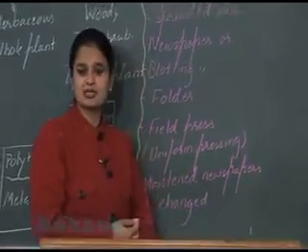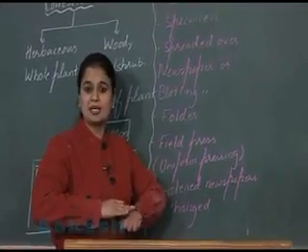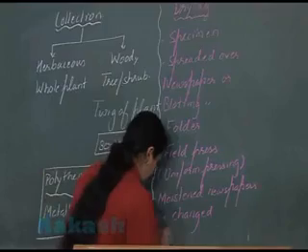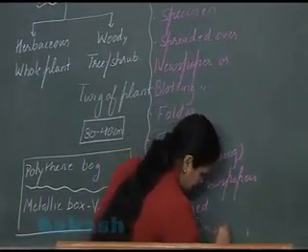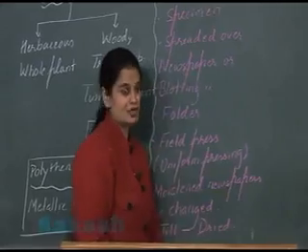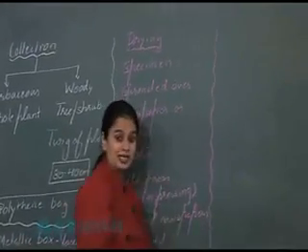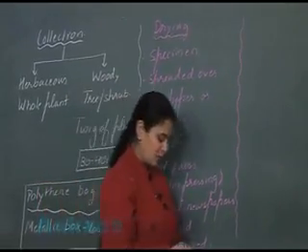Yes, this process is repeated again and again till the specimen becomes completely dry. Specimen is pressed, specimen is dried. Now it is the time for the next step, that is poisoning.